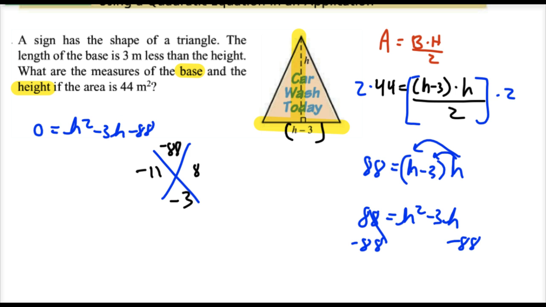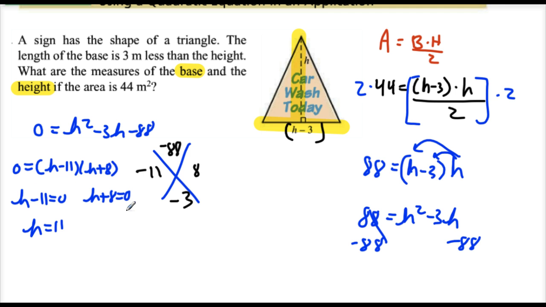So my factors here are now h minus 11 and h plus 8. Basically just set each one equal to 0, and then we solve. So h minus 11 equals 0, and h plus 8 equals 0. Add 11, h equals 11. Subtract 8, h equals negative 8.